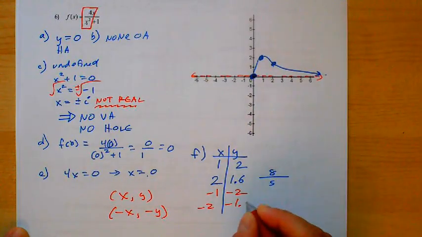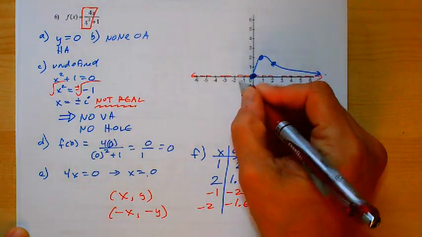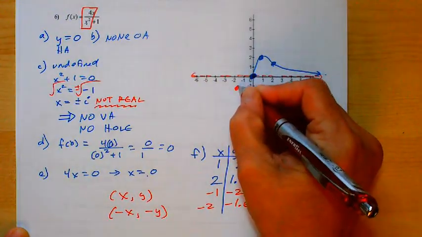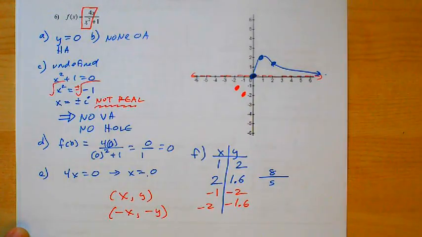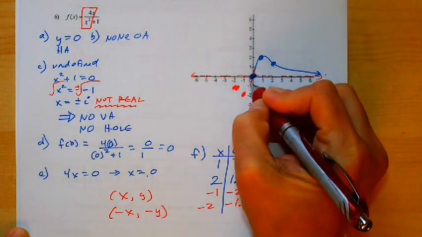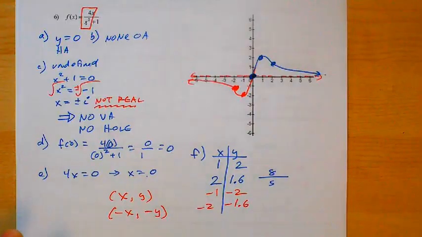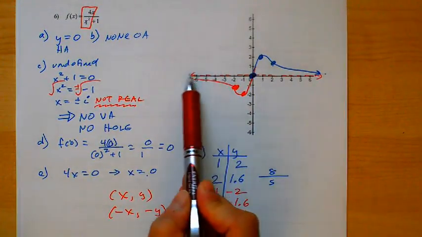Why don't we plot those? And of course, what we start seeing does begin to resemble the symmetry we expect from an odd function. Again, connect the dots. As you walk towards the left of the graph, the y values get closer to 0.